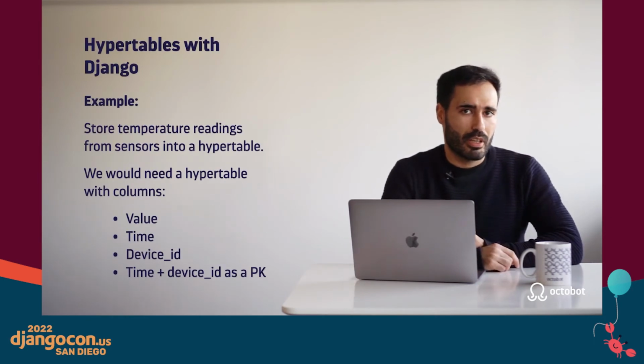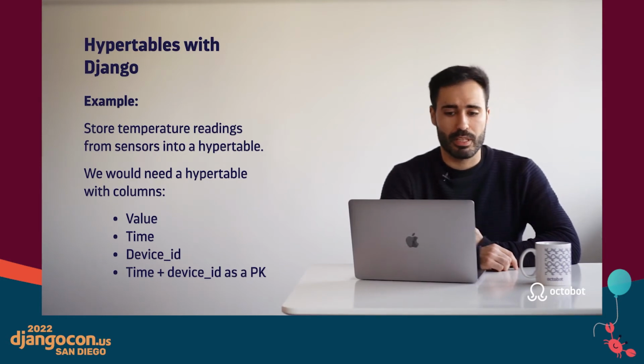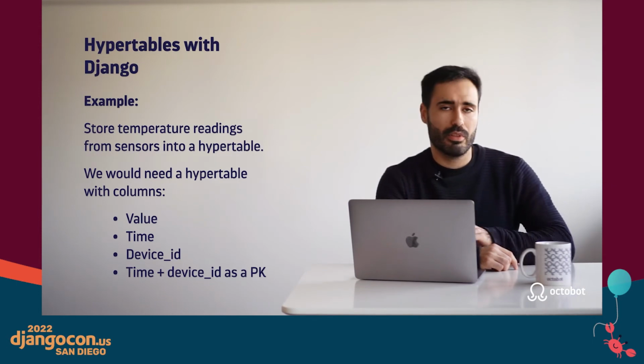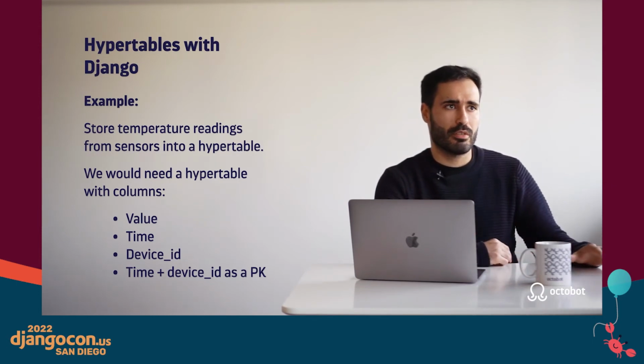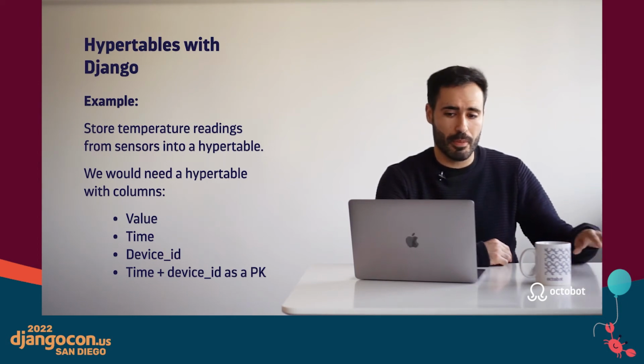So the next question is, how do we work with hypertables in Django? To explain this, I think it's better to do it with an example. So let's say we want to store temperature readings from a sensor or from different sensors into a hypertable. So the first thing we will need is to create a Django model to store the different sensors.